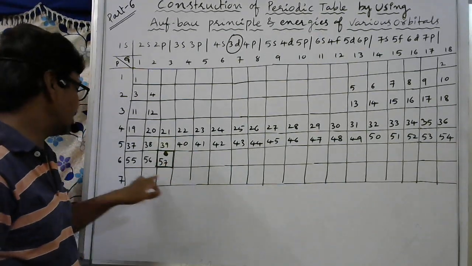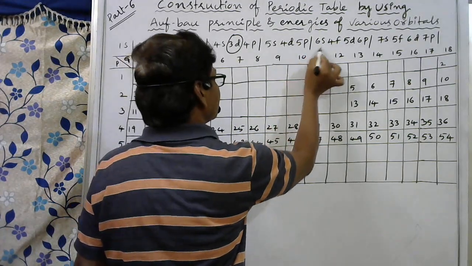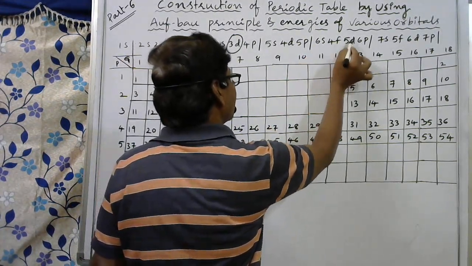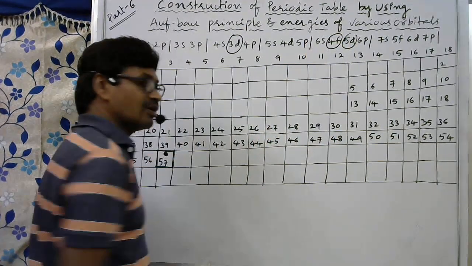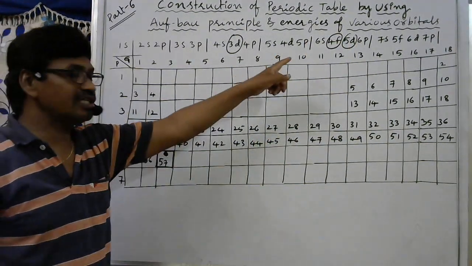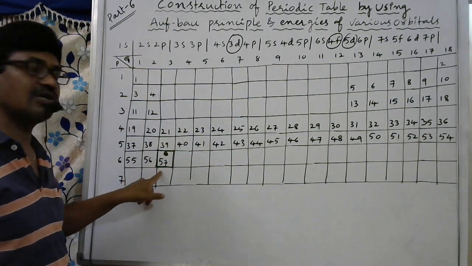But in the sixth period, if you observe, there is the 6s orbital, then the 6p orbital. But along with the 5d orbital, there is a 4f orbital also. These 4f 14 electrons, or 14 elements, are present in this box only.